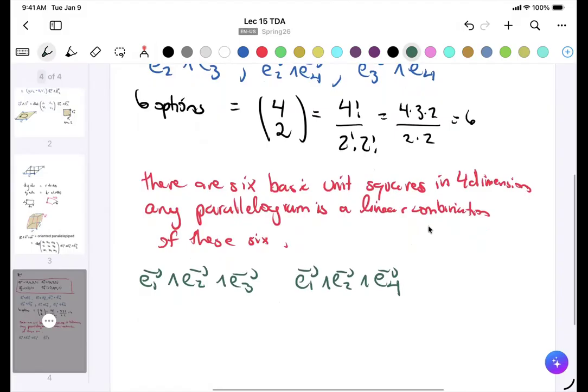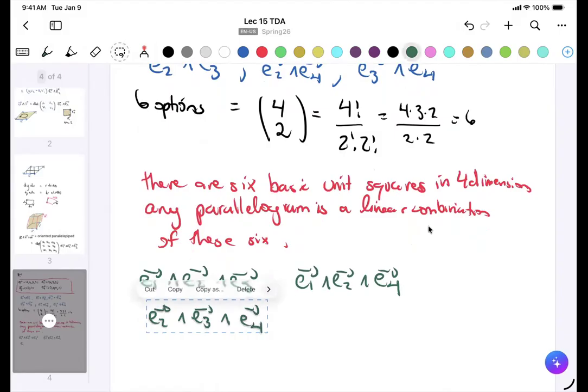Then you could also do E2 wedge E3 wedge E4. If they have to be the wedge product of 3 vectors, I have 4 options, so I can remove one at a time. Here I removed E4, here I removed E3.